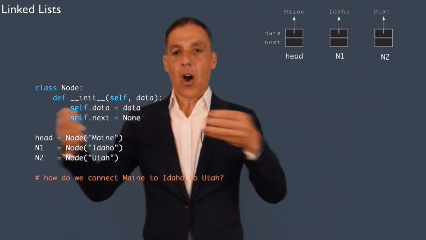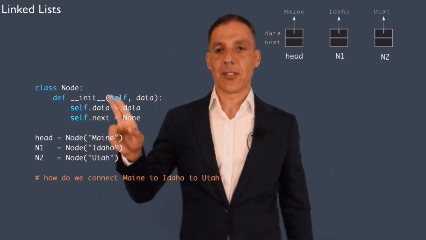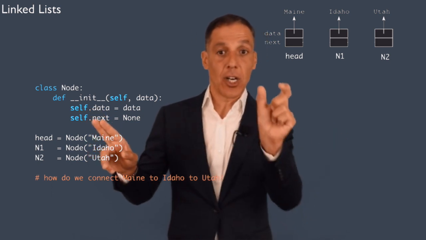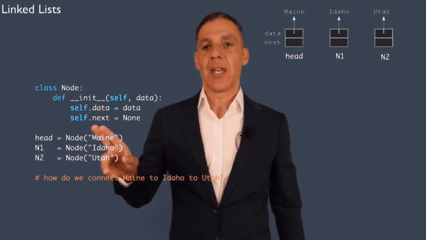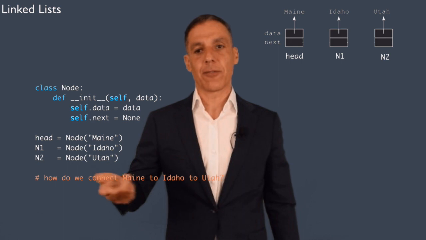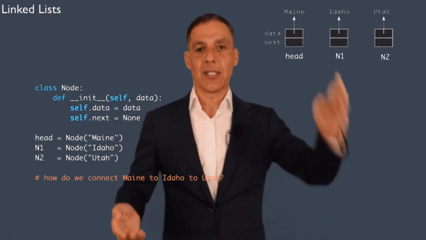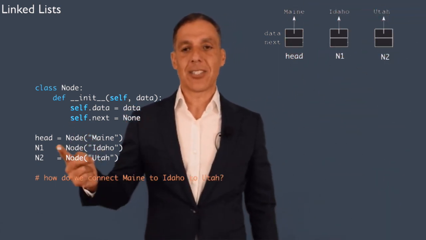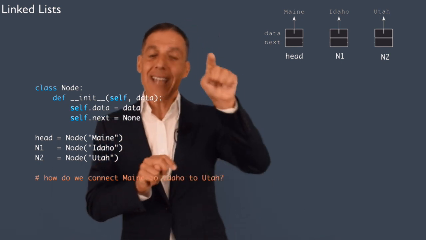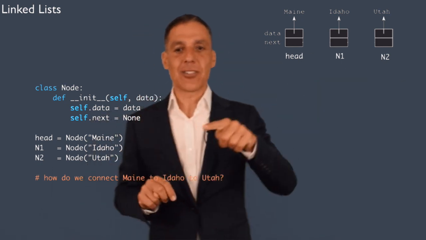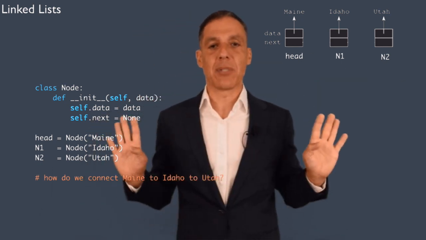And all this constructor does is it says self, the object, a node, one of these things right here, dot data, that's where I'm going to store the information, equals whatever data you passed in, whatever the string is. And self.next, who is the next node in my list, it's going to set it to None. It's going to be empty for now.